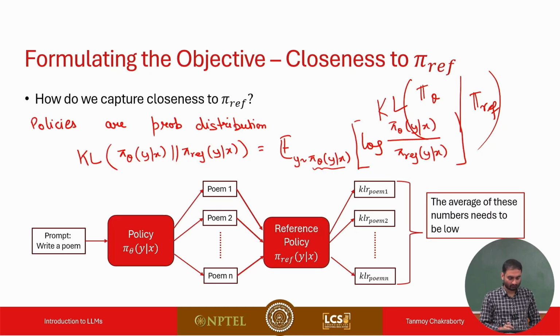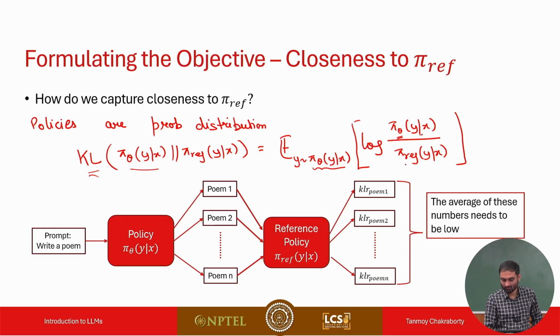So we measure the KL divergence between the reference model and the current model, and in the expectation term, it is essentially log of pi theta (y given x) and log of pi ref (y given x), right? So what you are doing is, given an x, you generate y through the policy.